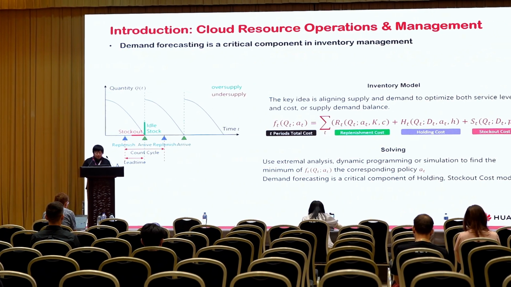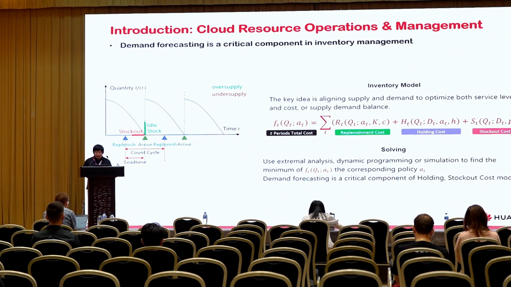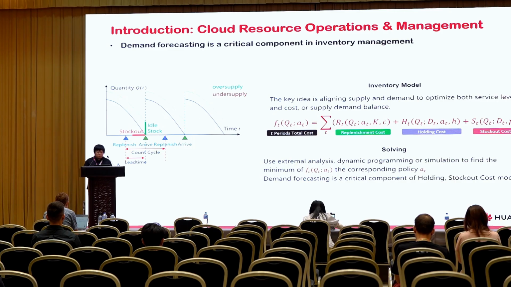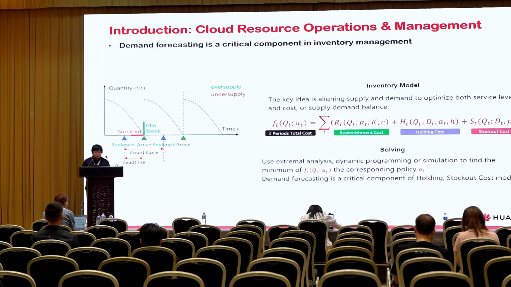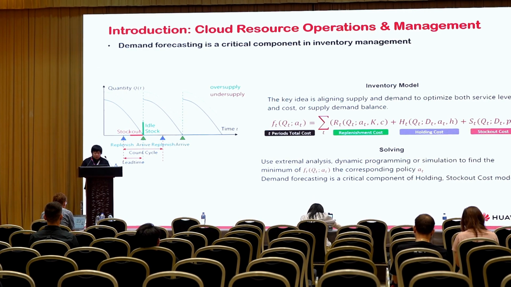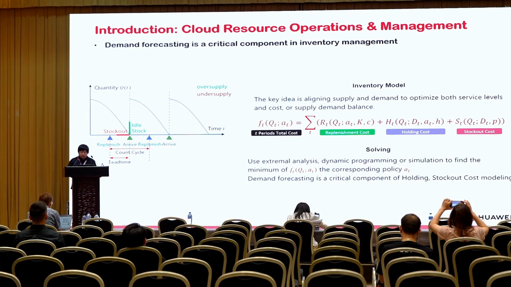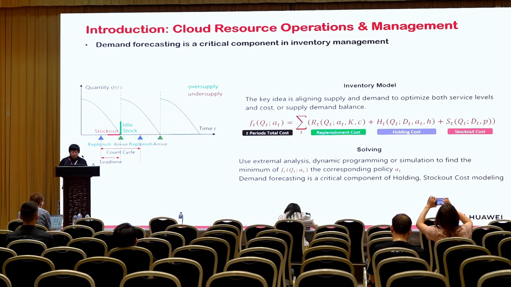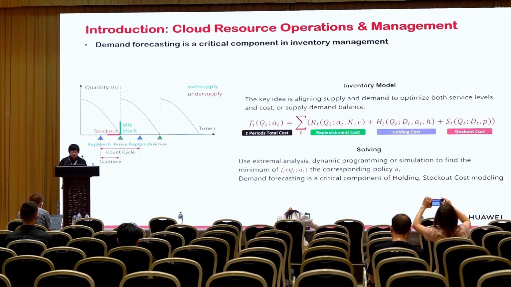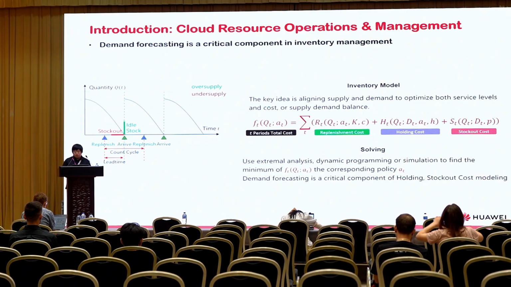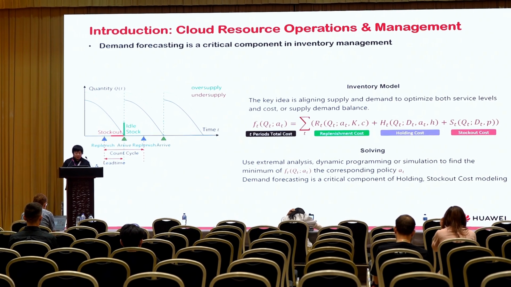The cost optimization objective function in inventory management comprises three key components: replenishment costs, holding costs, and stock-out costs. Demand forecasting plays a vital role because both holding costs and stock-out costs are intrinsically tied to forecast accuracy.